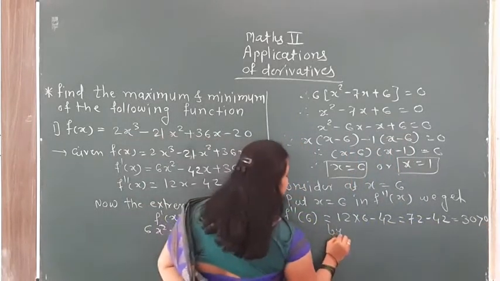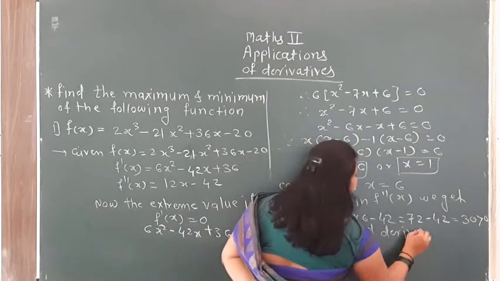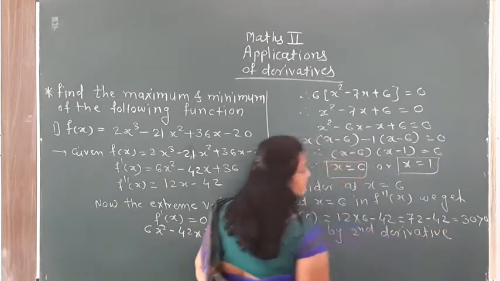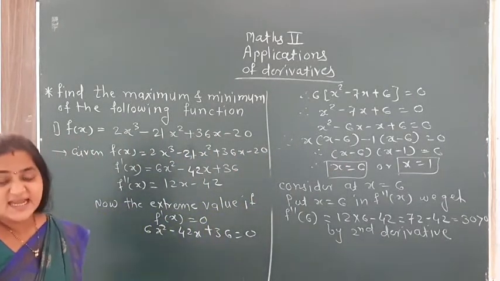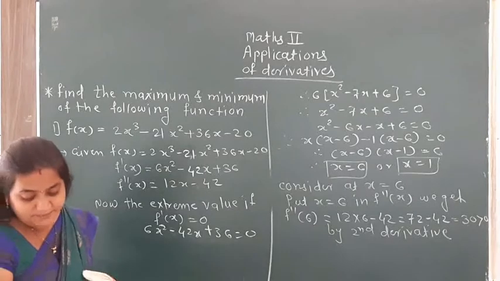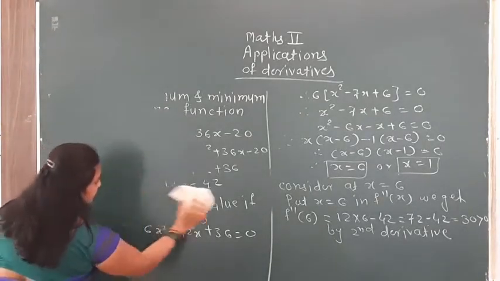So by the second derivative test, we can say that f has a minimum value at x is equal to 6. And what will be the minimum value?